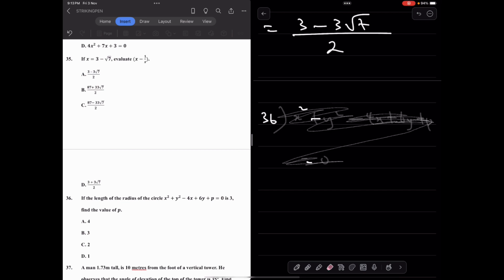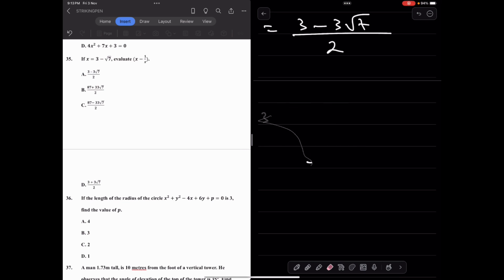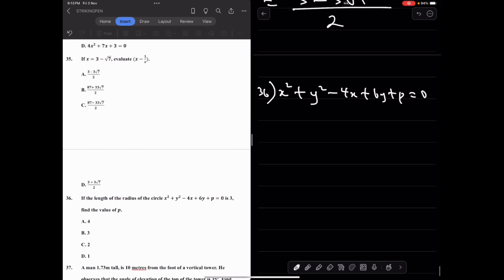Number 36. If the length of the radius of the circle x squared plus y squared minus 4x plus 6y plus p equals 0 is 3, find the value of p.